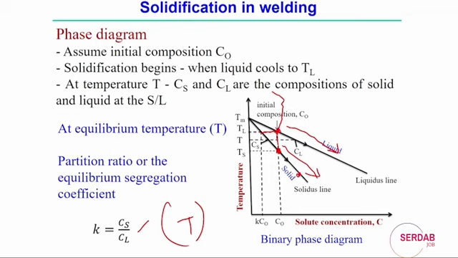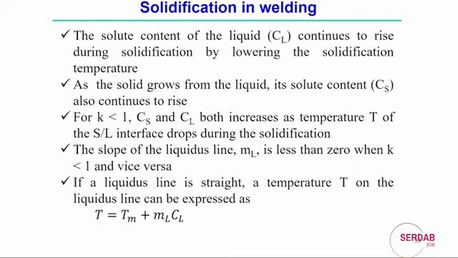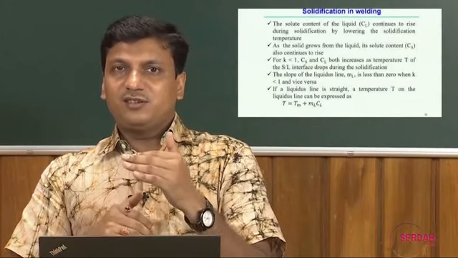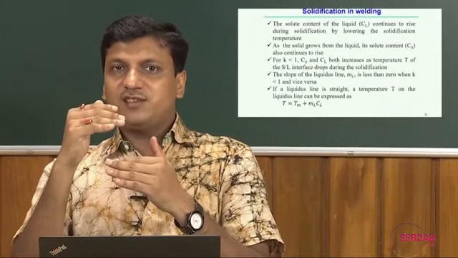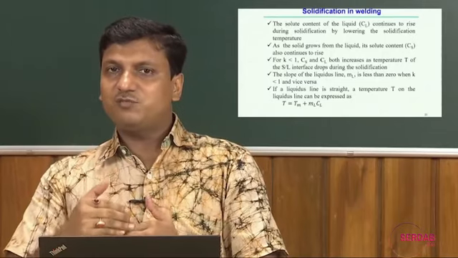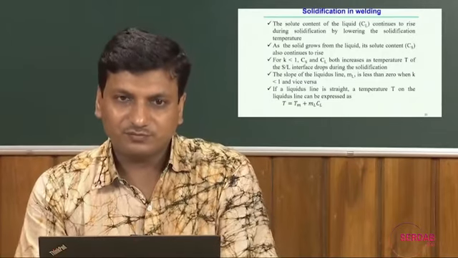So at this point the solute content is definitely higher if the solidification temperature is lower. Second point: as the solid grows from the liquid, its solute content also continues to rise. When it starts from the liquid phase and continuously grows towards the solid phase, the concentration of the solid phase increases.